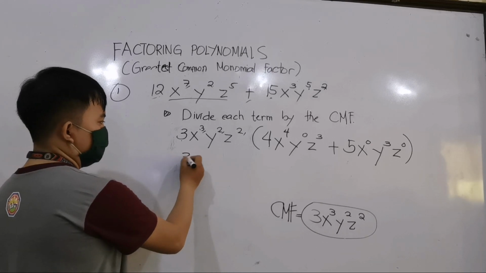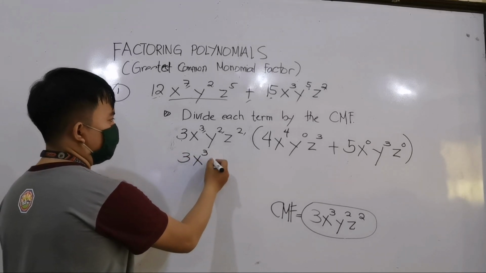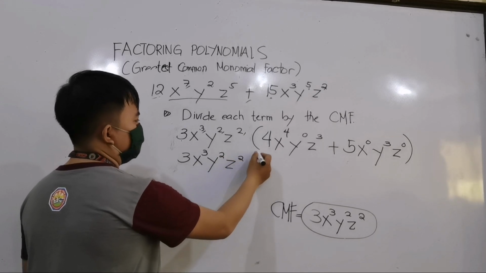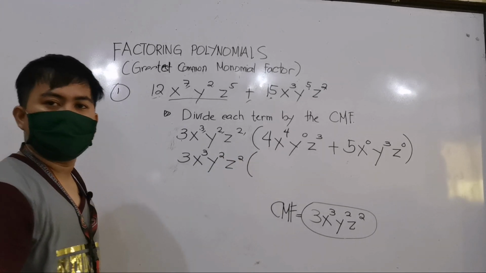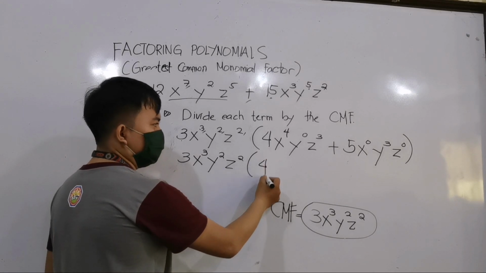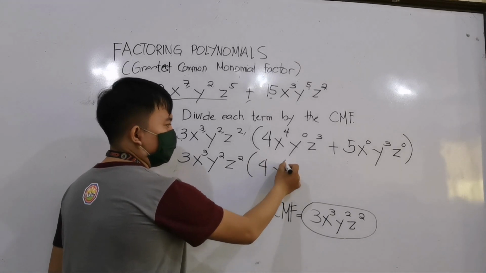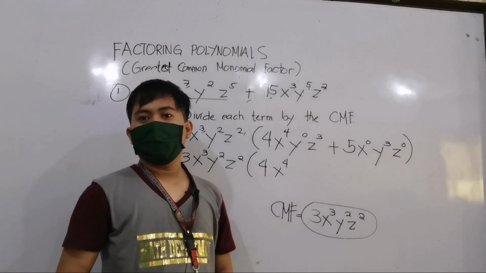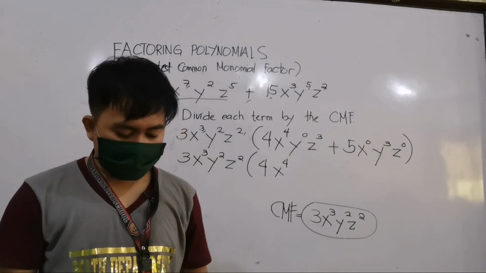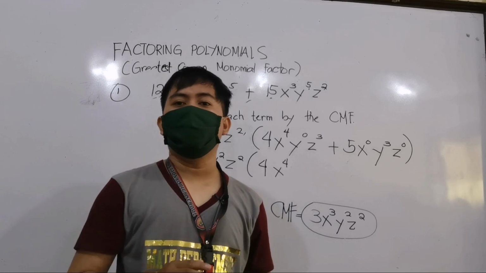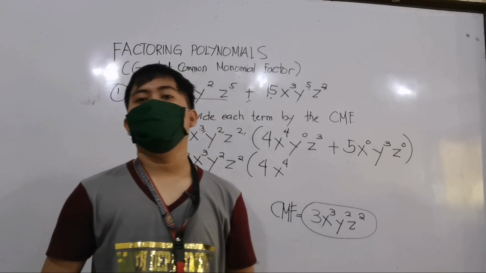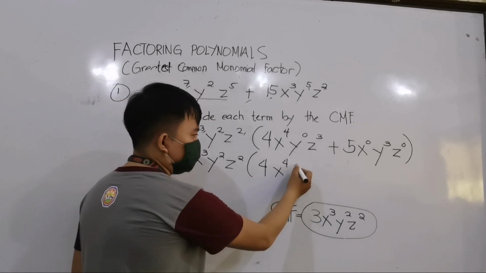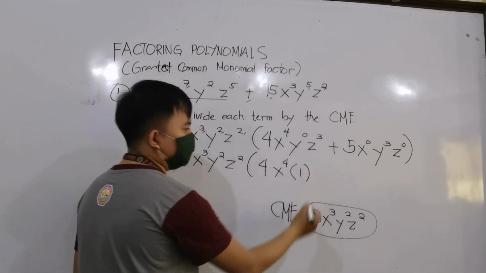Kukopyahin una, 3x cubed, y squared, z squared, open parenthesis, 4x raised to 4, and y raised to 0. According to the law of mathematics, any number that is raised to 0 is equal to 1. So, times 1 yan dyan.